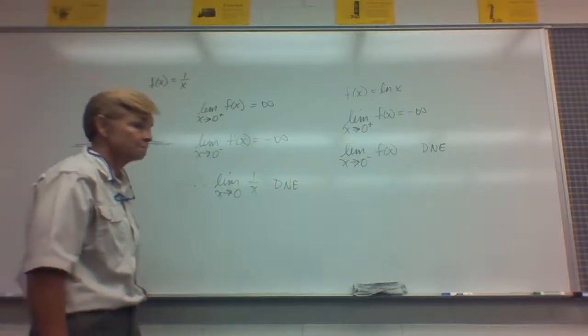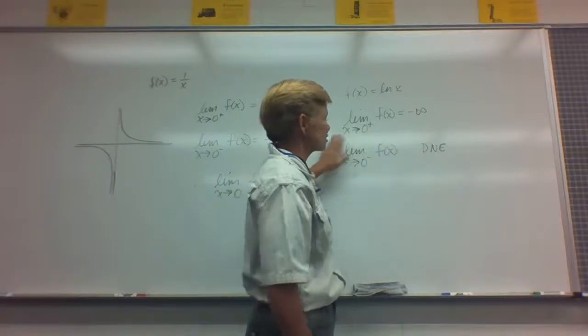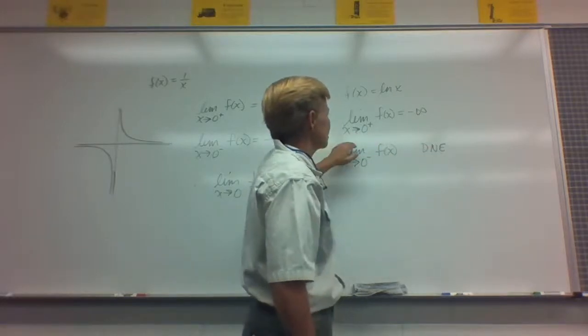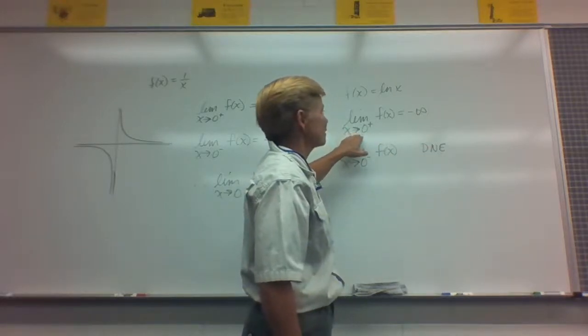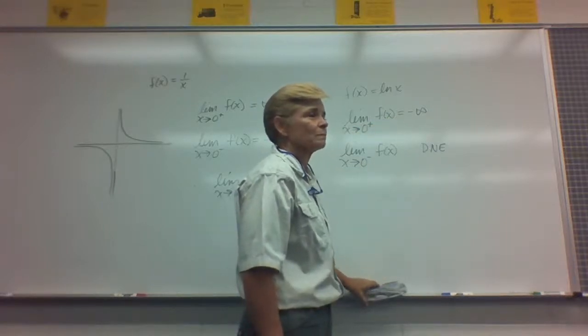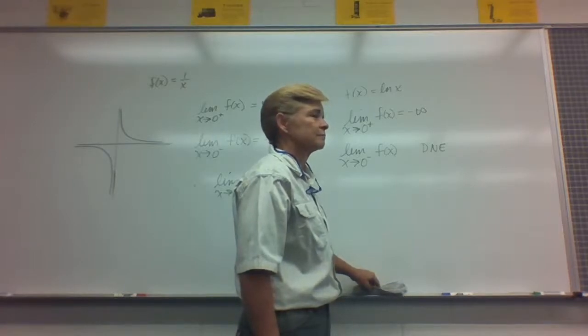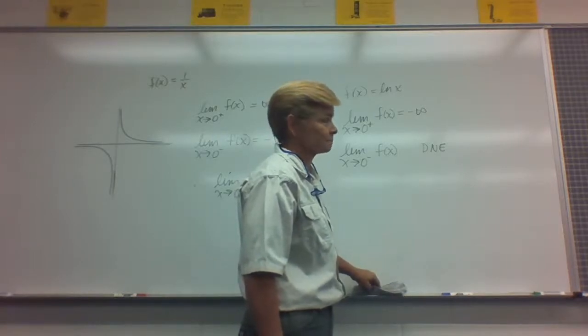Now, since this domain doesn't even have negatives in it, you could say that on its domain, the limit is always negative infinity as it approaches 0, because that means it doesn't approach from the left.